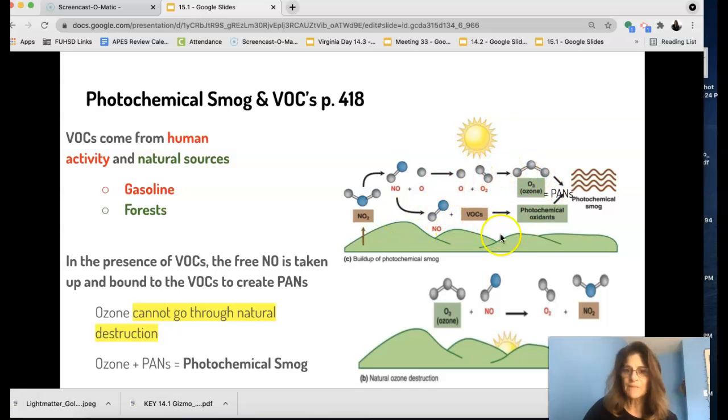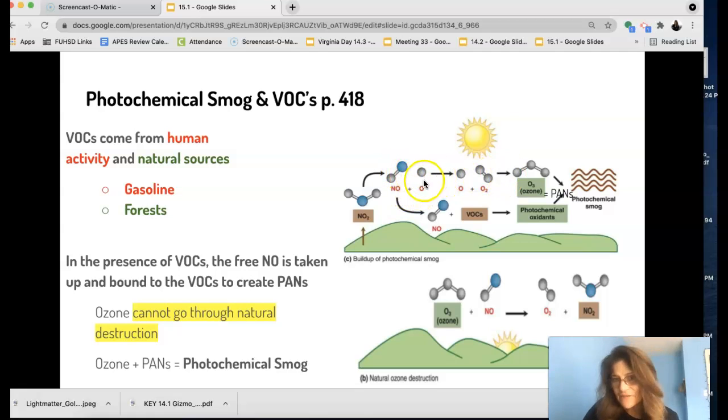This is a picture of how photochemical smog is formed. So what happens is you get nitrogen dioxide, which is coming from cars. The sunlight breaks it down into nitrogen monoxide and oxygen atoms.